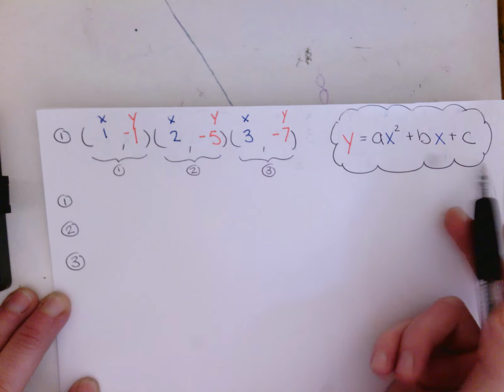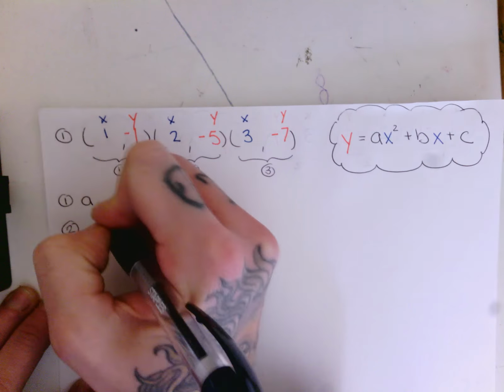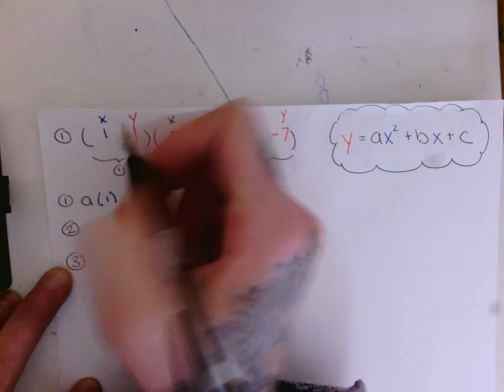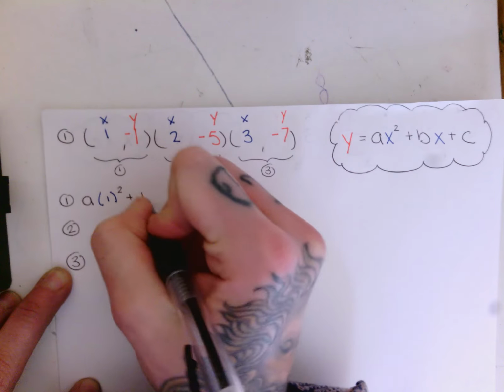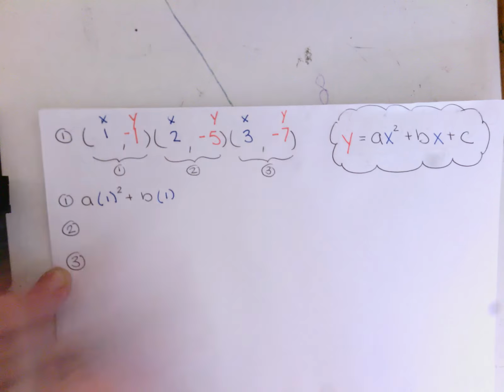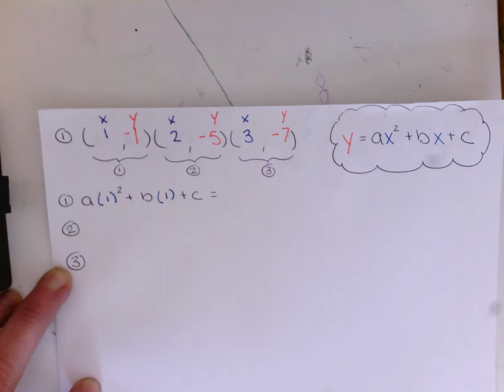So I'm going to write it with the y on the right side. Know that it does not make any difference. So I'll have a x squared plus b x plus c equals y.